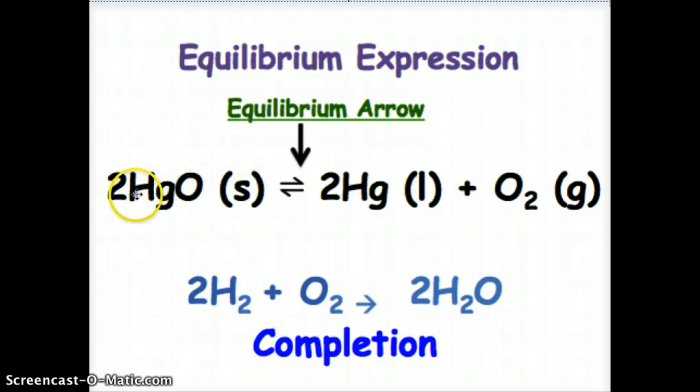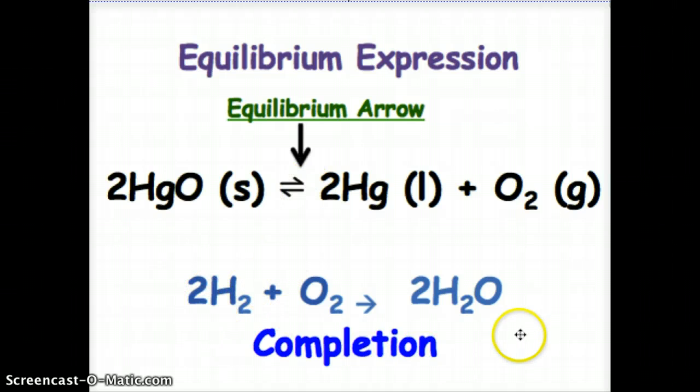It looks something like this. Mercury oxide, which is a solid, can turn into mercury liquid and oxygen gas. However, the reaction can also go in the opposite direction, the reverse direction, and form this again. So this is called an equilibrium symbol or an equilibrium arrow. Okay, this is how you would draw it.